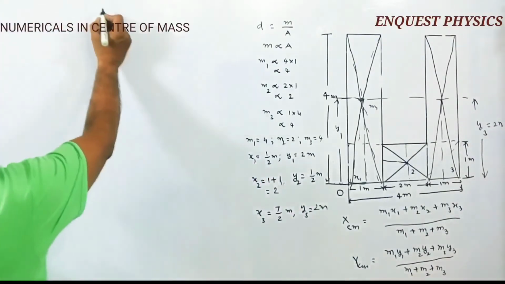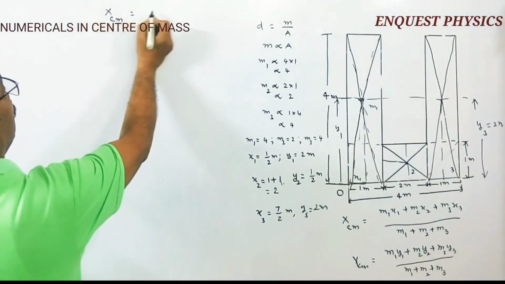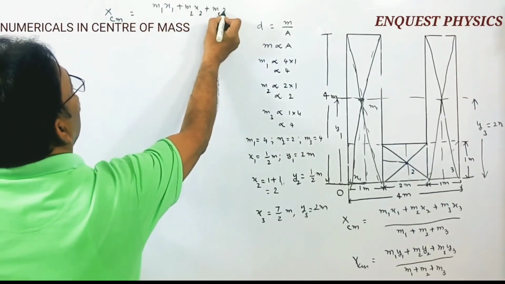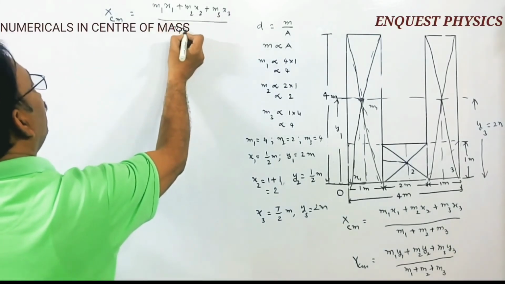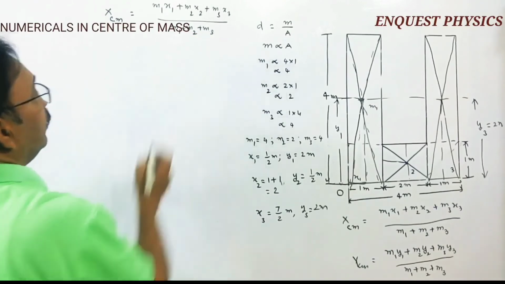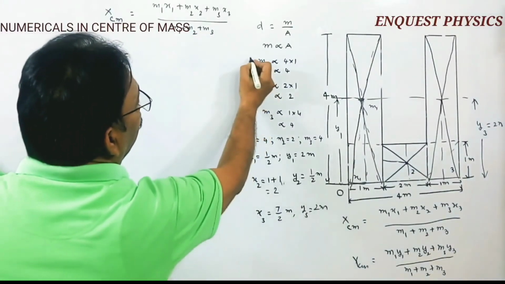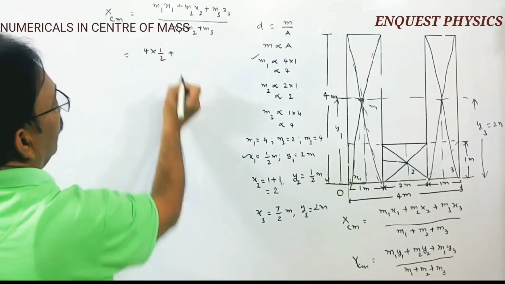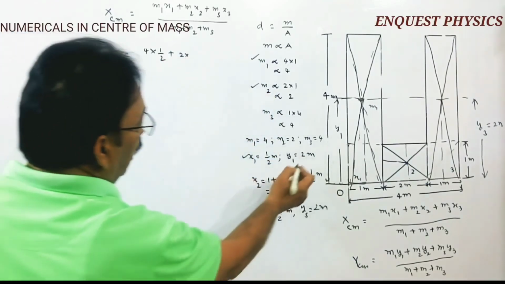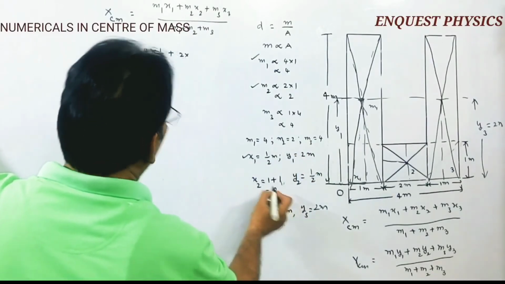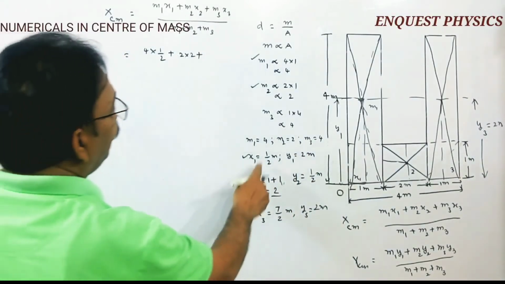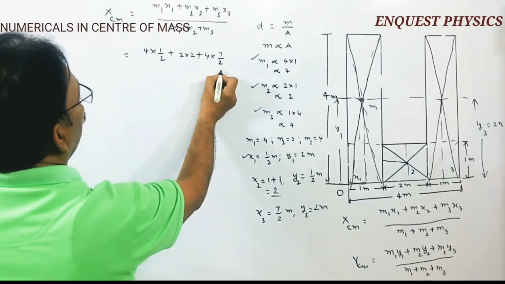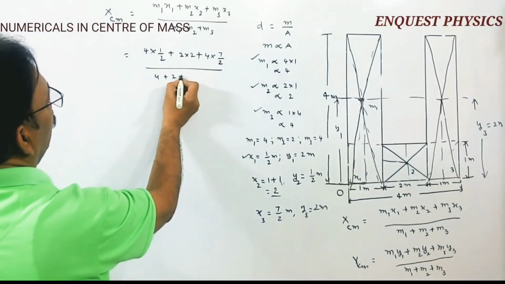Just it is a substitution. Then put the values in. xcm is equal to m1 x1 plus m2 x2 plus m3 x3 by m1 plus m2 plus m3, and take the value of the m1. m1 is 4 and we are taking the x1, it is 1 by 2, and m2 is 2, and we had the x2, it is 2, plus m3, here we have it is 4 into x3, already we got it 7 by 2, by 4 plus 2 plus 4.